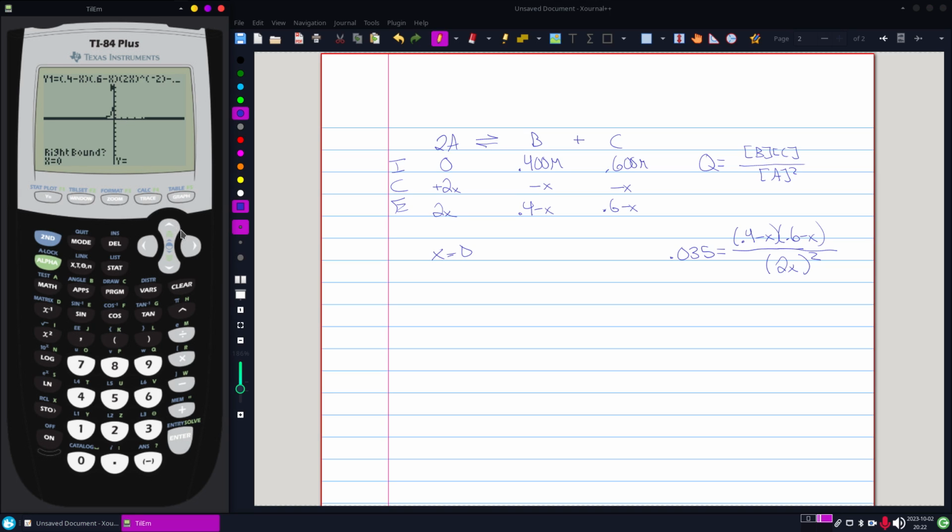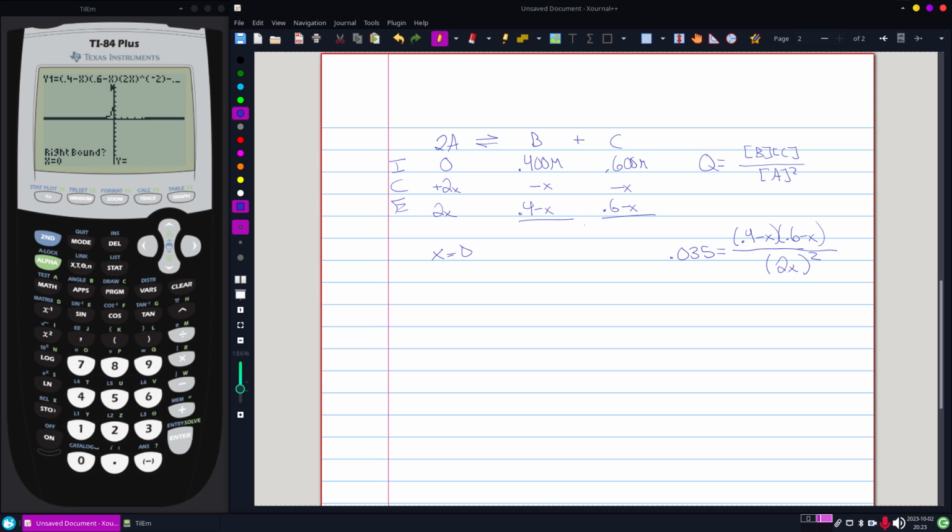And there's a couple ways to get the right bound. Now, the easiest way, or the most logical one, is to look at these two terms that are negative, that have the minus x, because that's what's going on: as the x increases, these values, the reactants, or the products in this case, get smaller and smaller.